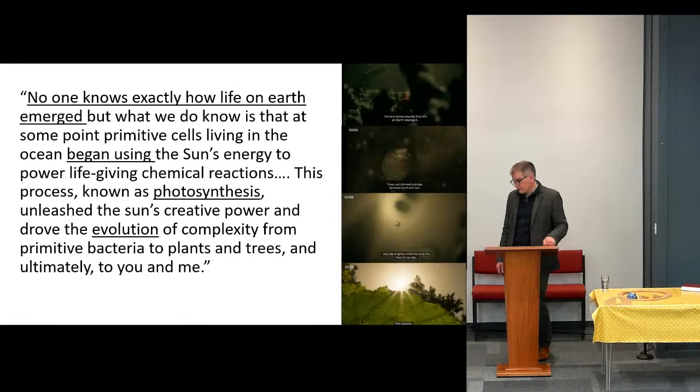This process, known as photosynthesis, unleashed the sun's creative power and drove the evolution of complexity from primitive bacteria to plants and animals, and ultimately to you and me." He's fairly vague on the details, and he's clear that he doesn't know how life originated in the first place, but evolution is the answer for him.